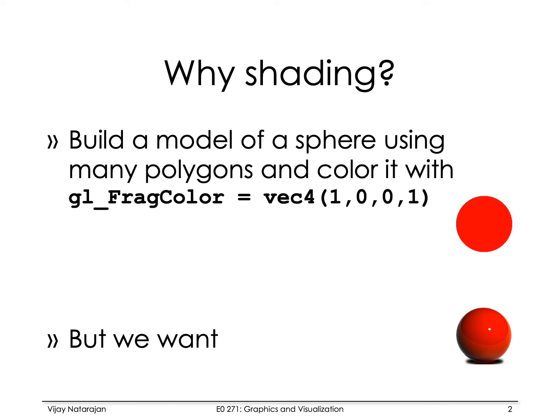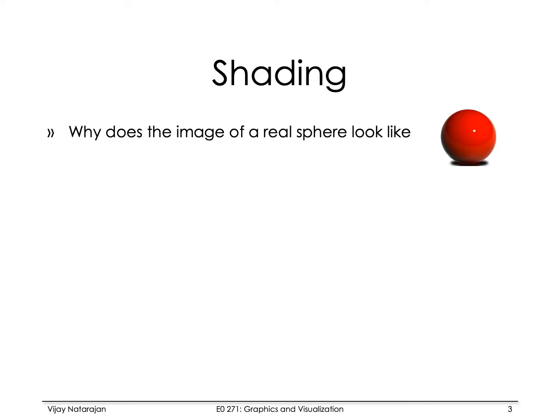However, what we want is something that looks like this and not the disk that you see on the top. So the real question is, why does the image of the sphere look like this and not like a disk?